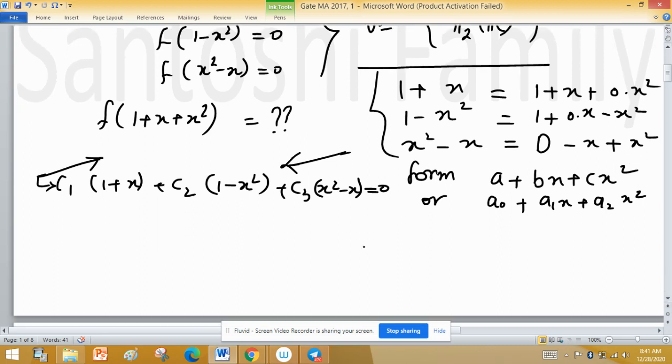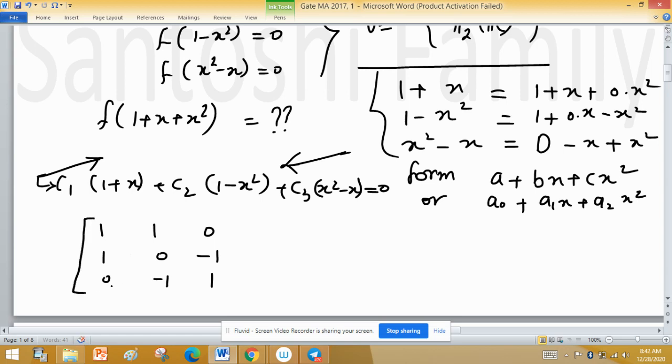The matrix obtained is 1 1 0, 1 0 minus 1, 0 minus 1 1.